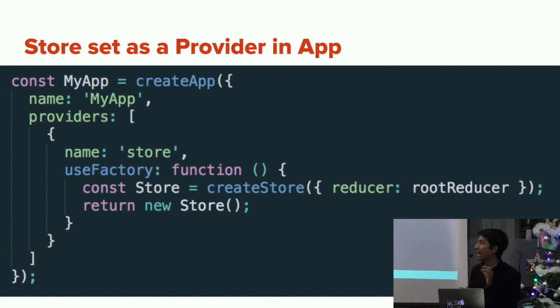And now when we do app.getStore from the instance level, you're going to get the instance of the Frint store that we have. So that's how you set the store, and from the observe higher order component, you can then get the store, listen to the state changes, and stream the values to your components.